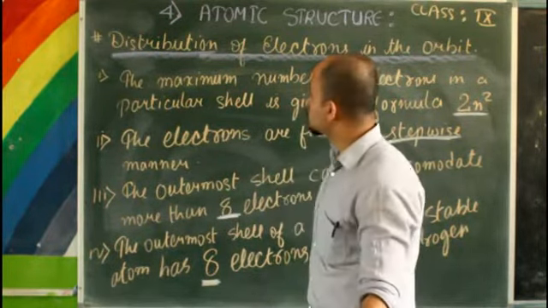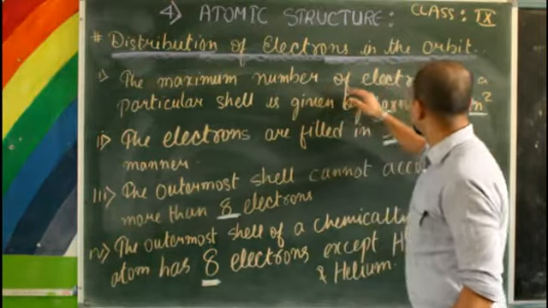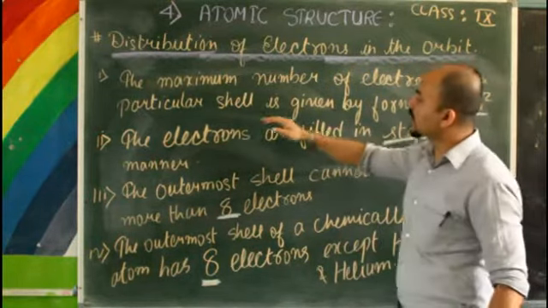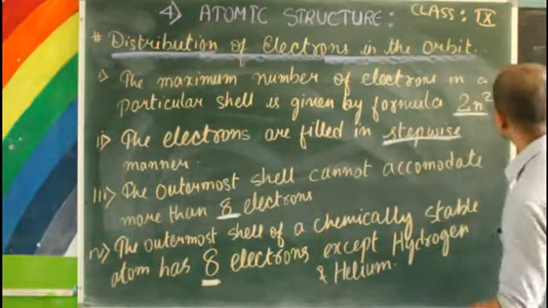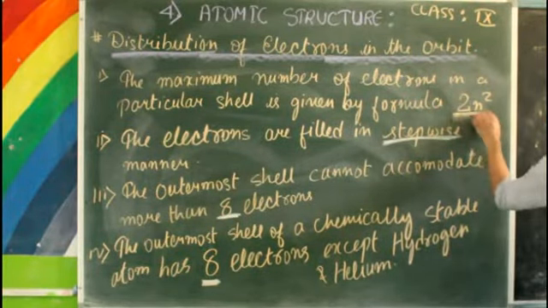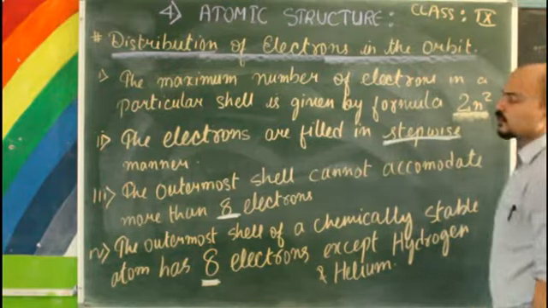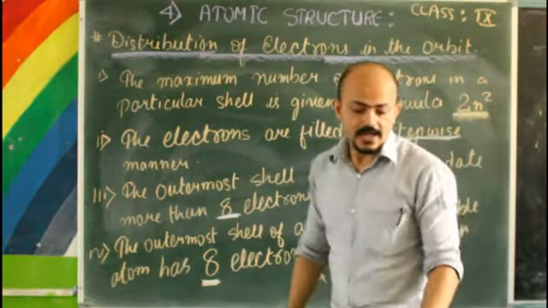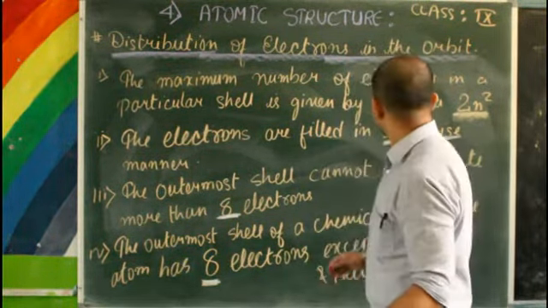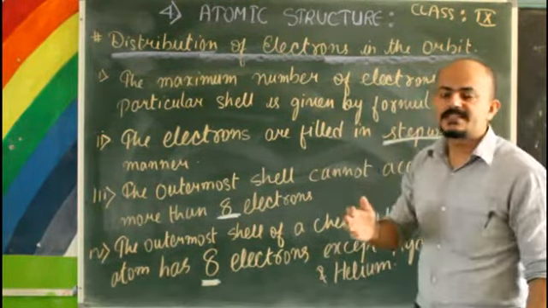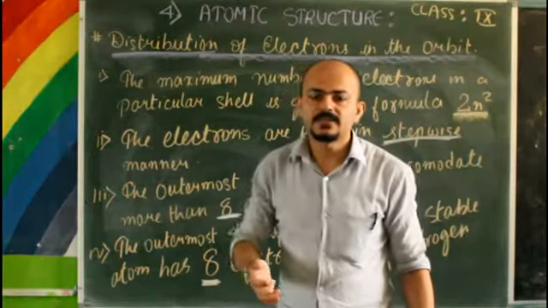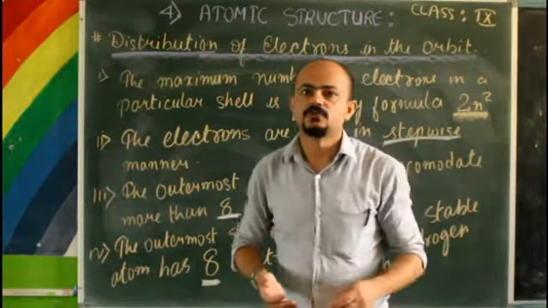The first point is that the maximum number of electrons in a particular shell is given by the formula 2n square. You have to remember this. It is given by the formula 2n square, where n is either K shell, L shell, M shell or N shell, and it goes on like that.